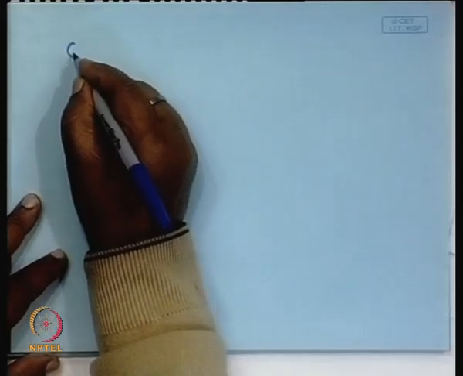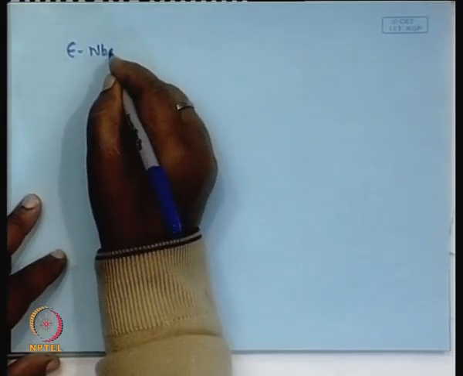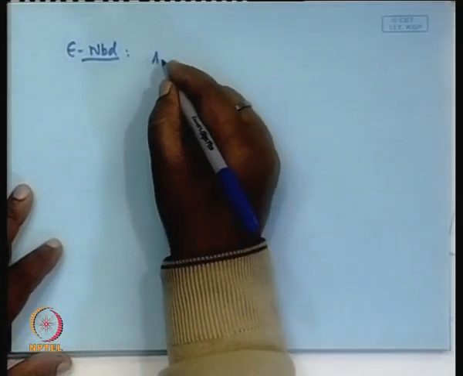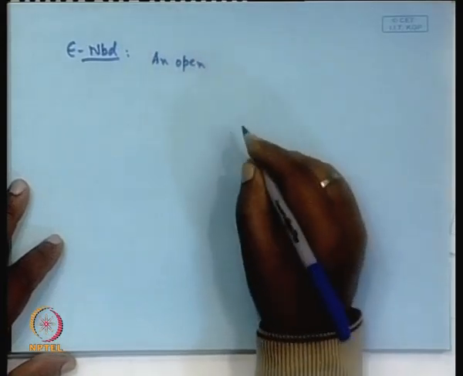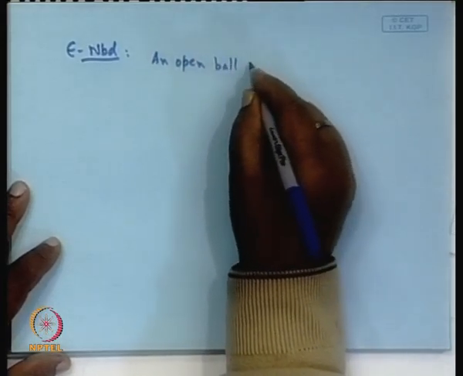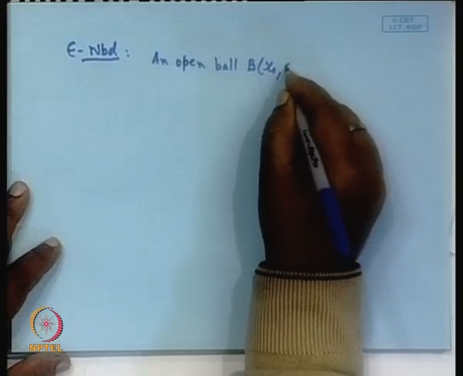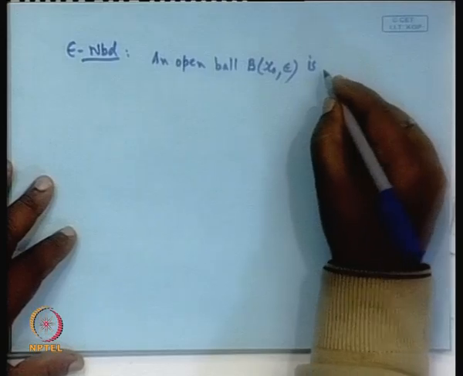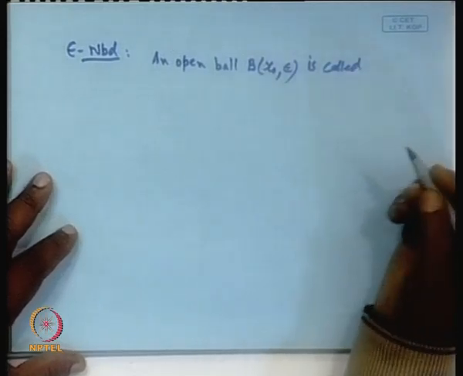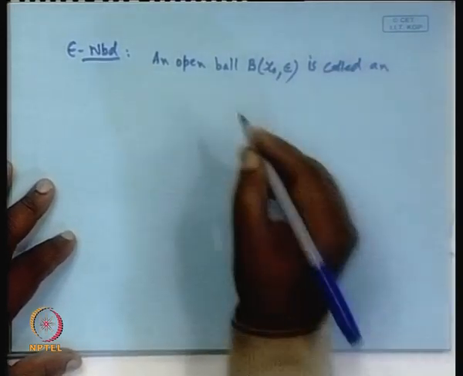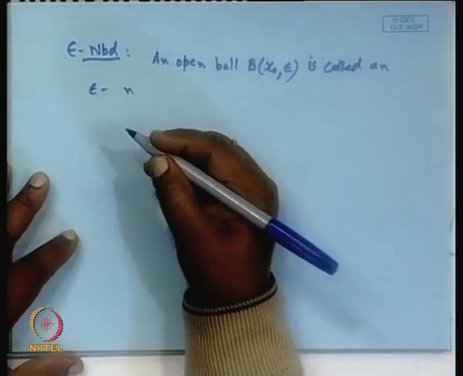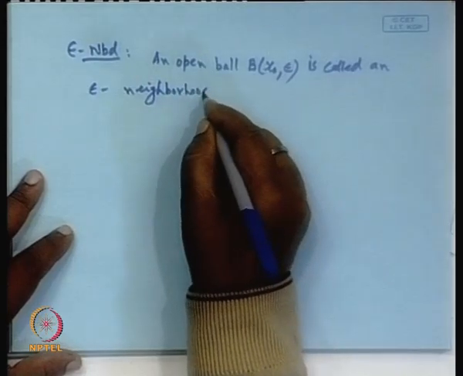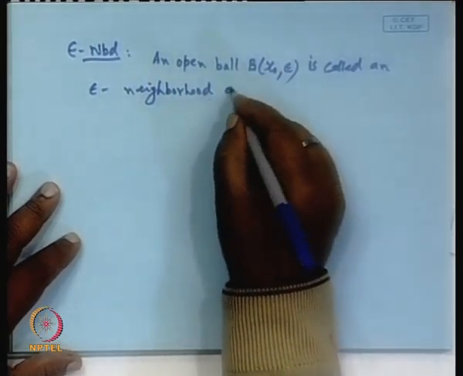The epsilon neighborhood is defined as follows. An open ball centered at x naught with radius epsilon is called an epsilon neighborhood of x naught.